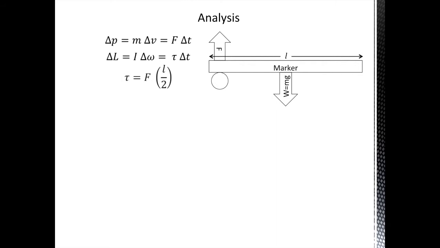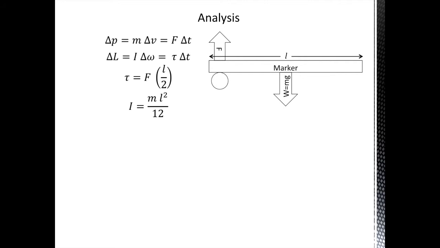We can further simplify the second equation by stating that the torque is equal to the length of the lever arm, L over 2, times the force, F, times the sine of the angle between them, which in this case is 90, leading to no coefficient necessary. Furthermore, we know that the moment of inertia for a slender rod, which the marker can be approximated as in this case, is its mass times its length squared over 12.